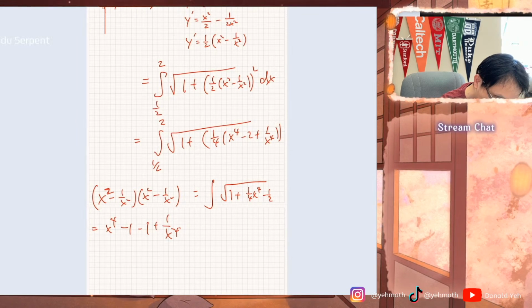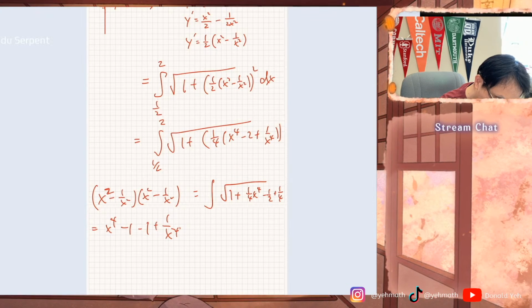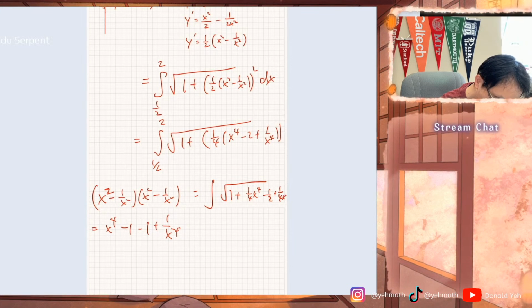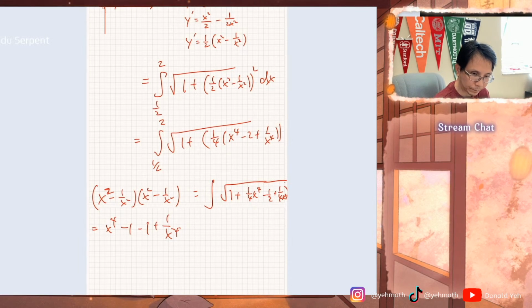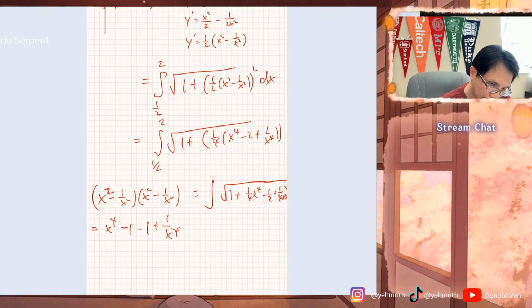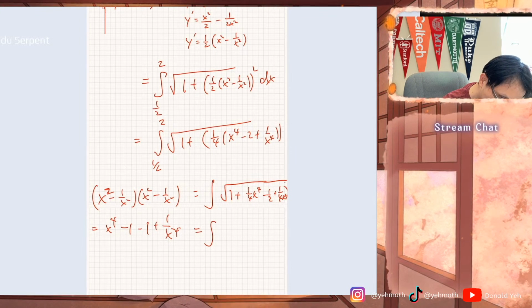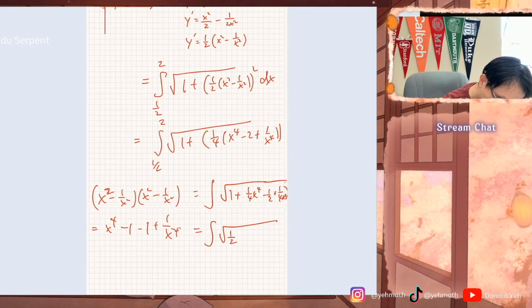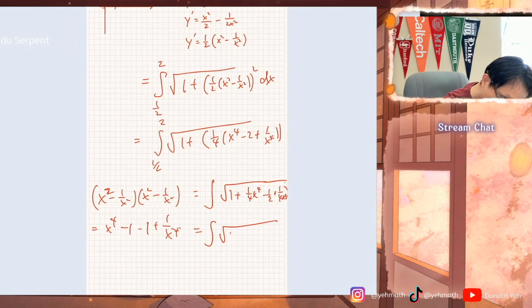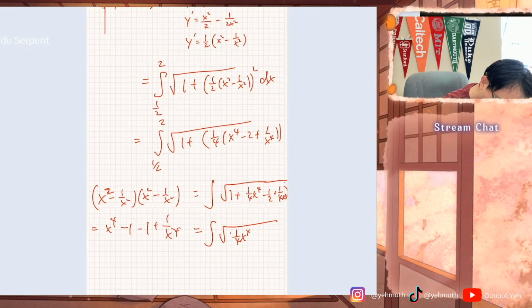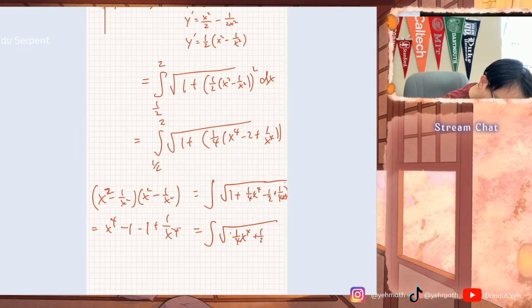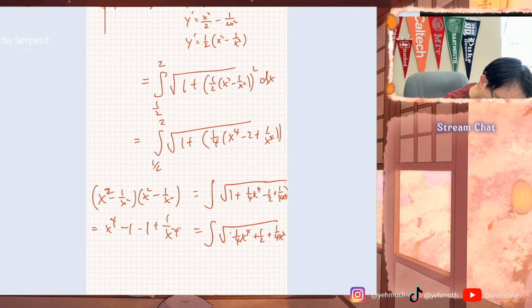And plus 1 over 4 x to the 4th. If I add that up, it's going to give me 1/2. So it's going to be 1/4 x to the 4th plus 1/2 plus 1 over 4 x to the 4th.